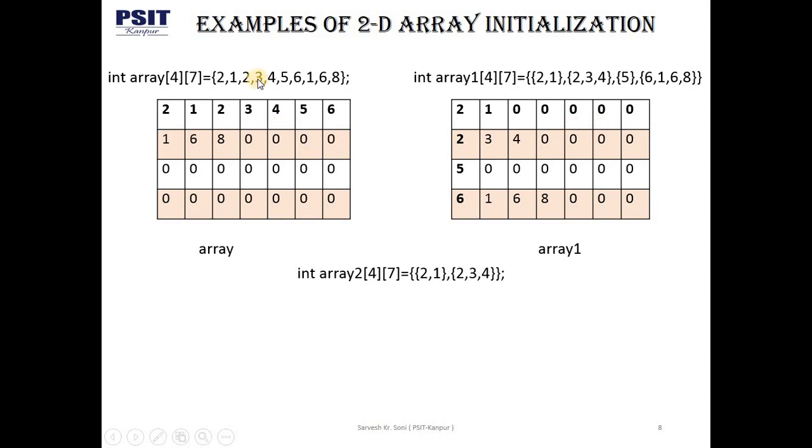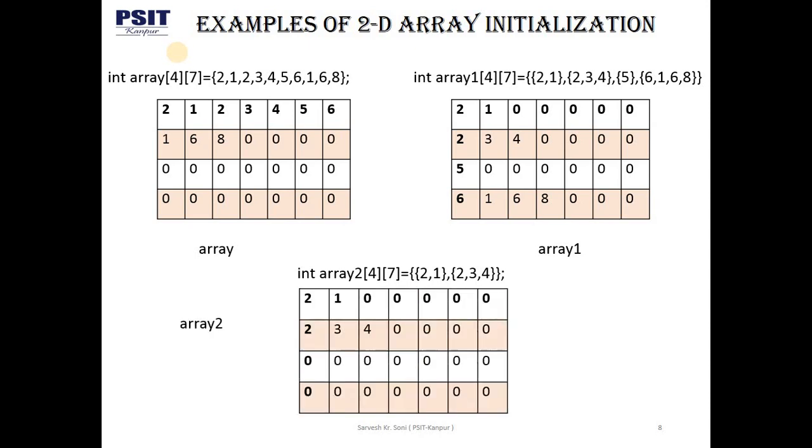While in the first case I have initialized the whole array, then the values in this 2D array or matrix will be filled in row order. So in further slides I will discuss the implementation of 2D array, how the values are initialized. So just wait for the next slide.